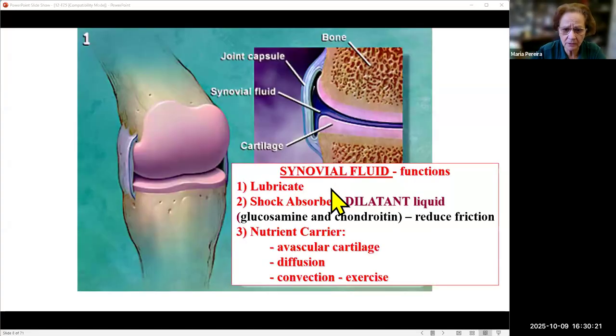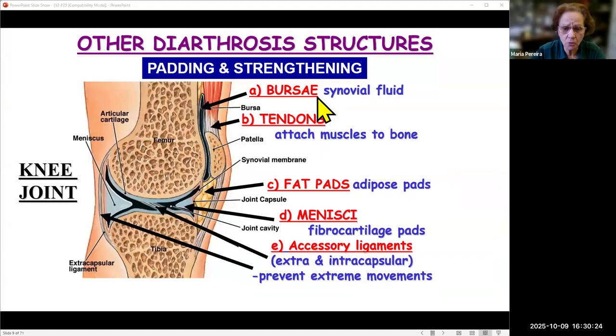The bursae are also filled with synovial fluid. Just like the synovial fluid in the synovial cavity, they provide nutrients and lubrication. So they contain synovial fluid as well.